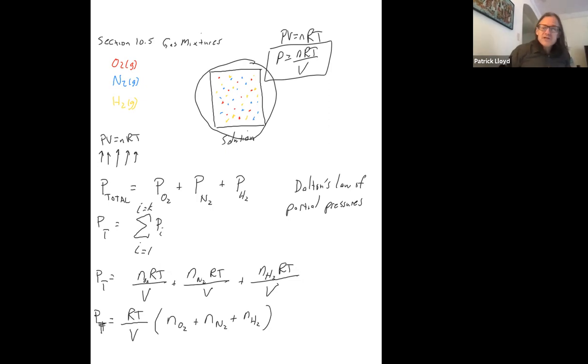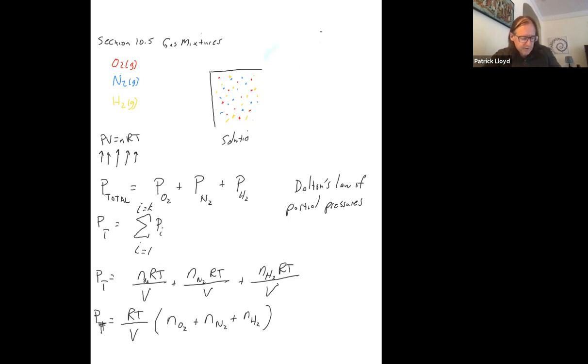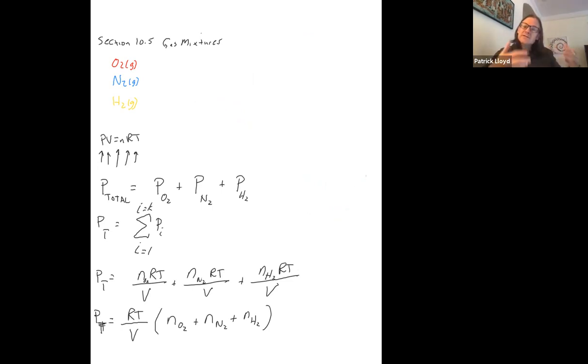I'm going to go one more step, which is I'm going to say, suppose I want to know the pressure of one of the gases relative to the total pressure. So suppose I want to know the pressure of one of the gases. I'm going to take oxygen out of the total pressure.